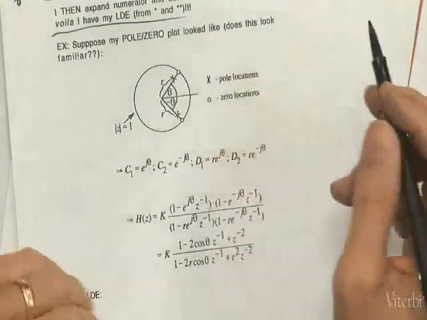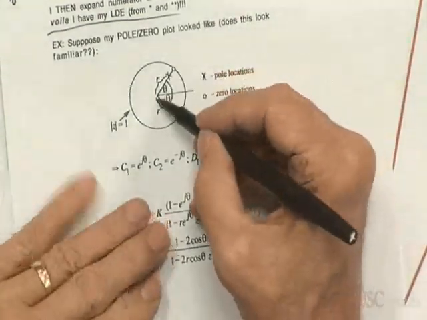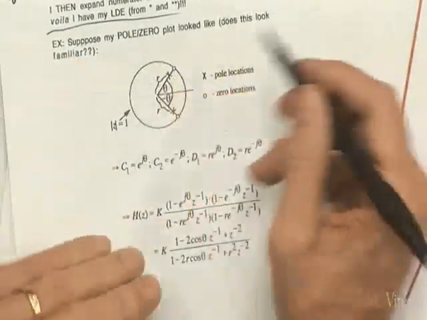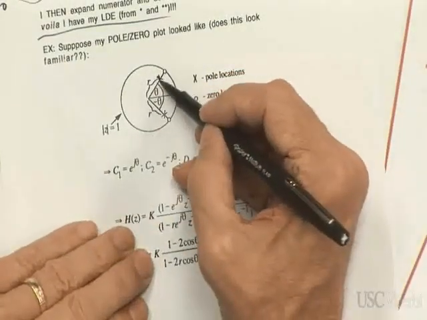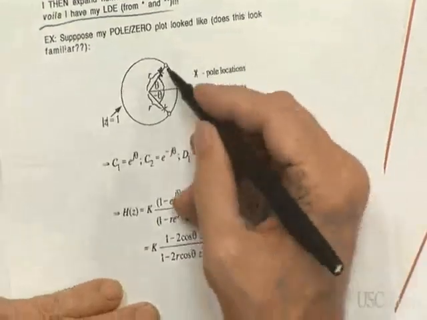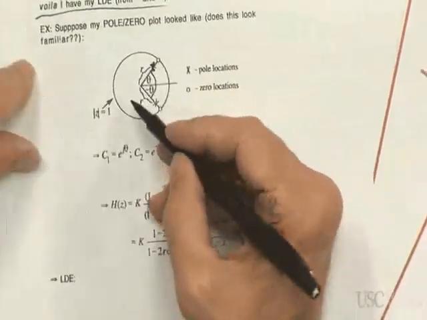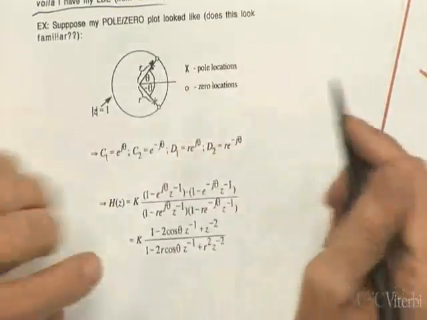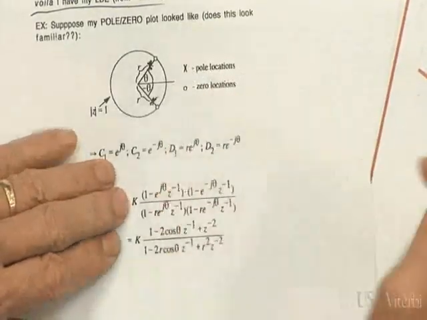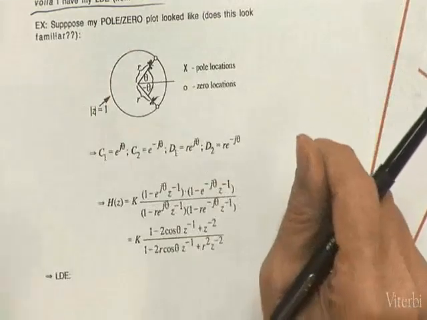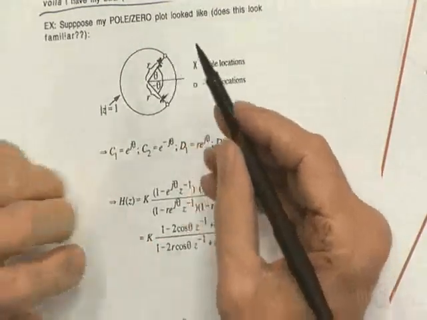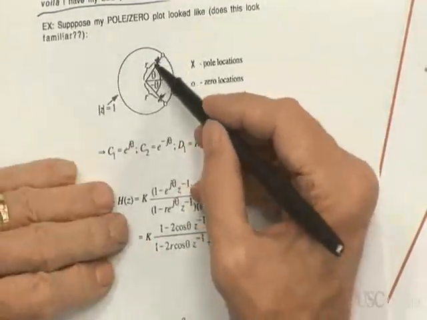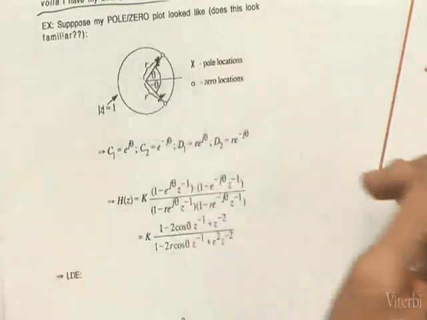Now, the poles, interestingly enough, are these x's. Kind of hard to see this, but they will be inside this circle. That's the unit circle. The poles will be inside the unit circle. This is a causal system, so that's good, because we know that the region of convergence will be exterior to these poles.